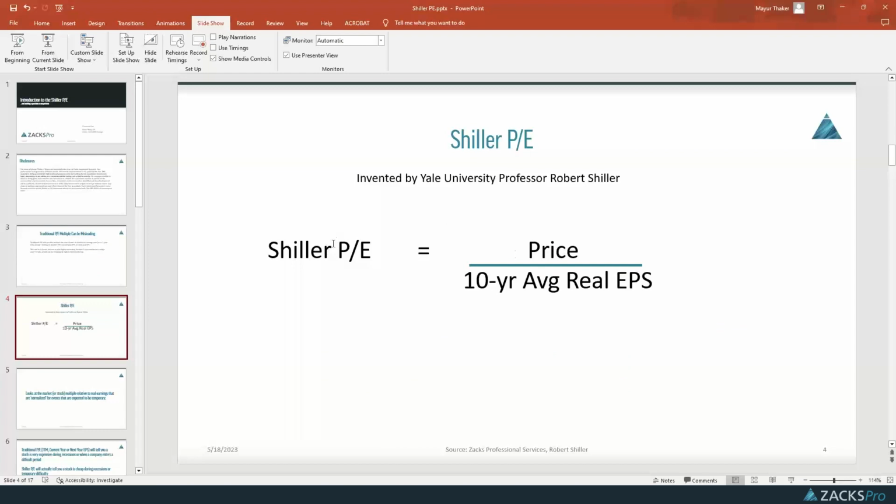So this Shiller PE does a great job of removing the noise that happens every couple of years, for example, in the case of Caterpillar. And it gives you a great picture as to when the stock is truly cheap and when it's truly expensive.